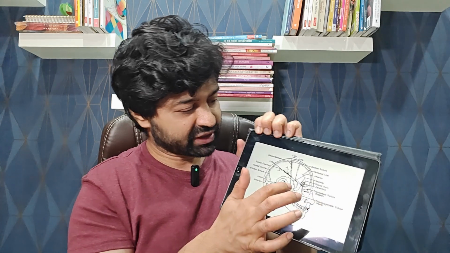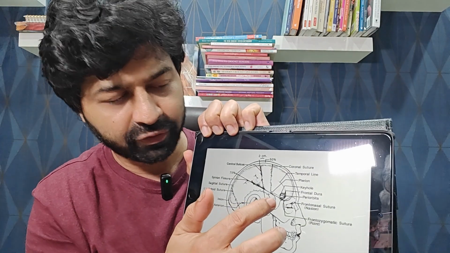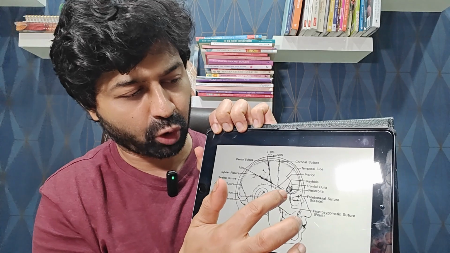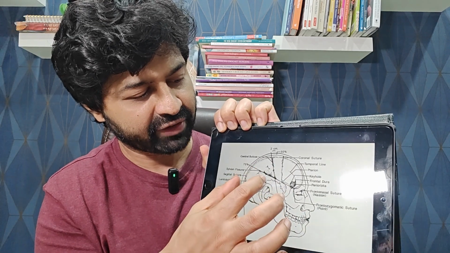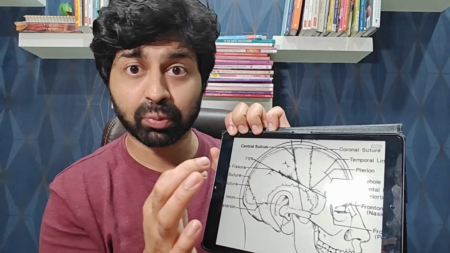So it goes something like this, that is from the frontozygomatic point to the 75% point. So this corresponds to the sylvian fissure.